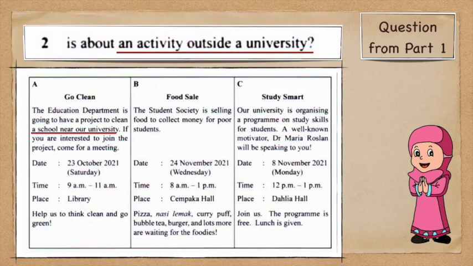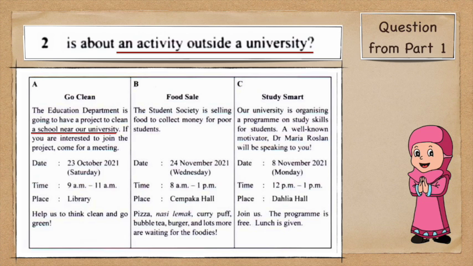Question 2. Which notice is about an activity outside a university? So we're searching for an activity which is carried out outside a university. If you scan through the notices, you need to find words that mention activity that is carried out outside a university.